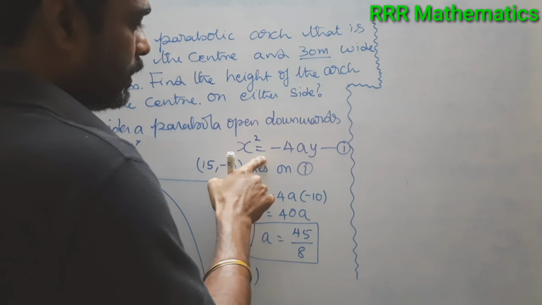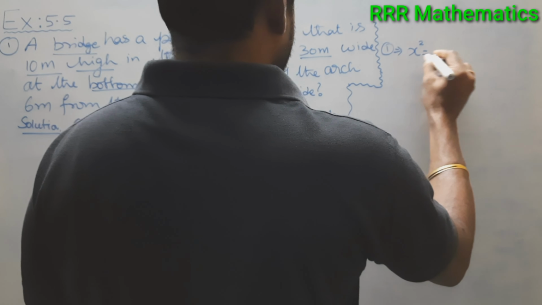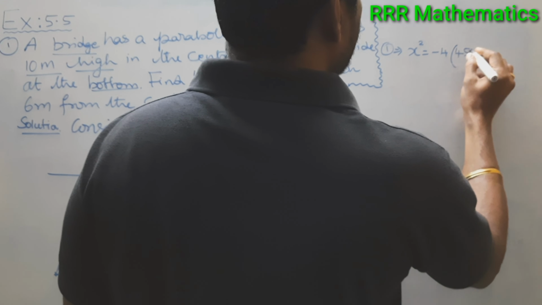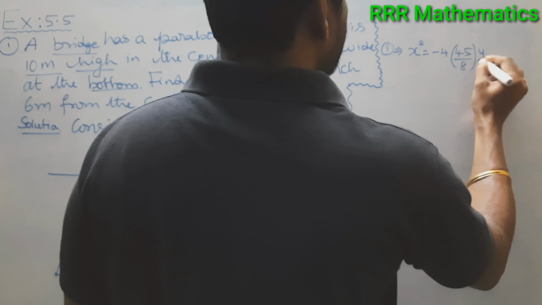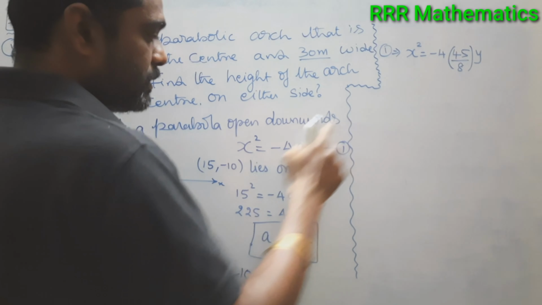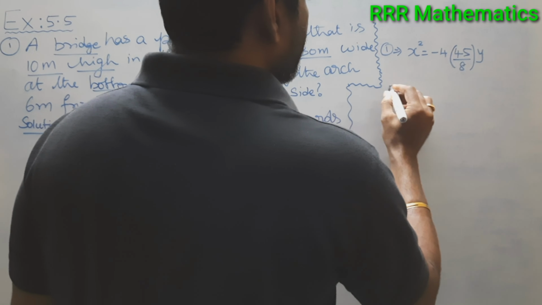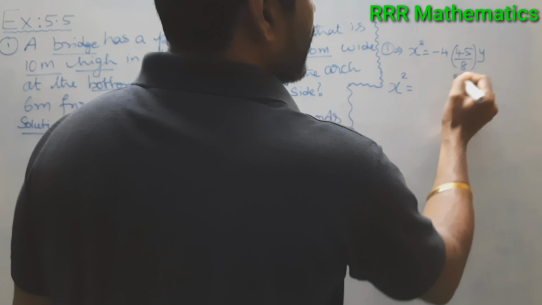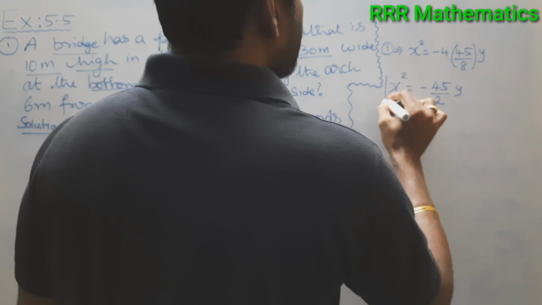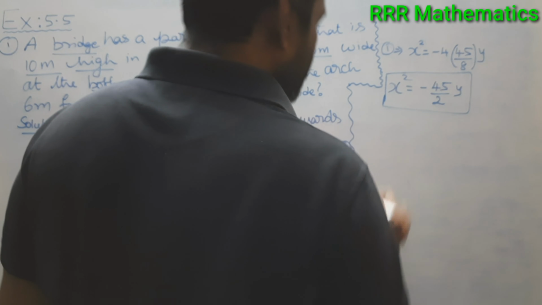Substitute the value of a in 1. So x square equal to minus 4 times 45 by 8 into y. When you simplify, the 4 cancels 2 times, giving x square equal to minus 45 by 2 into y. This is the exact equation of the parabola in this case.